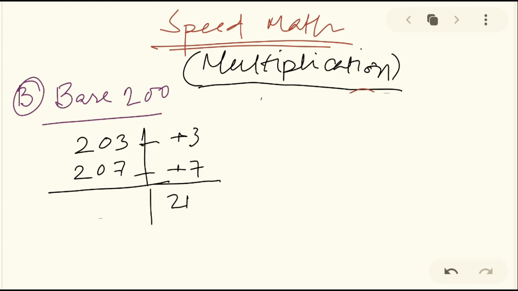Now we have 210: 203 plus 7, that is 210, or 207 plus 3, that is 210. As the base value is 200, that is 2 times the base value of 100, we'll multiply this number by 2. So our answer will be 42021. So this is our answer.